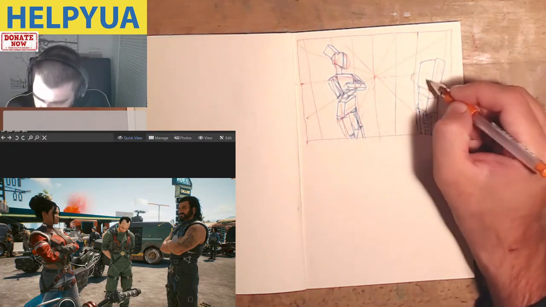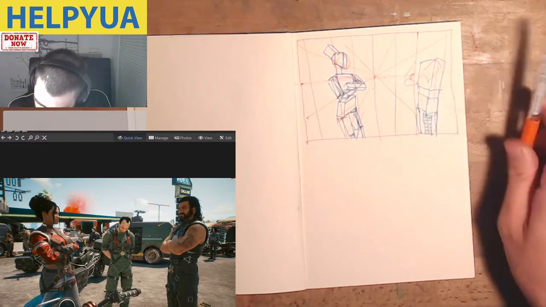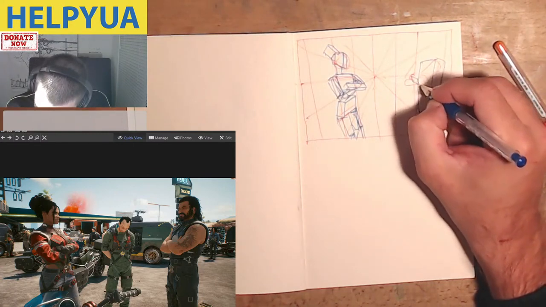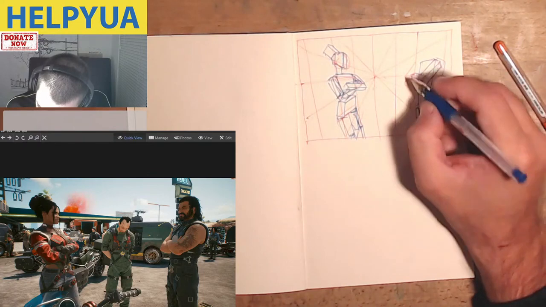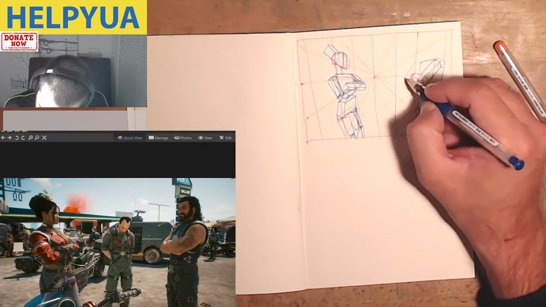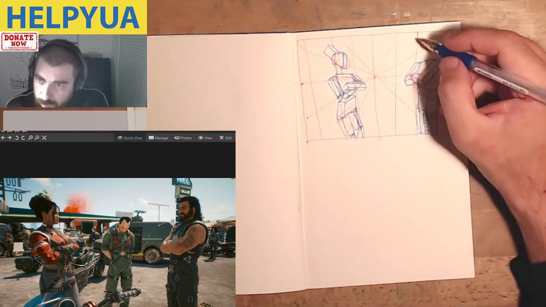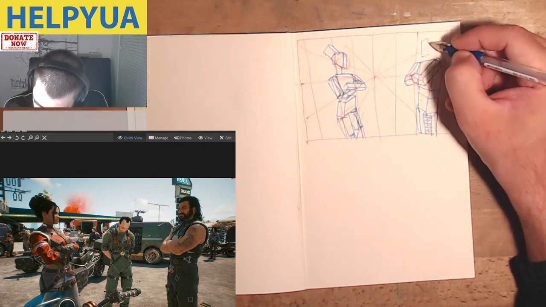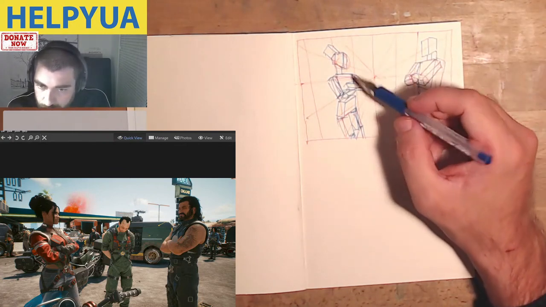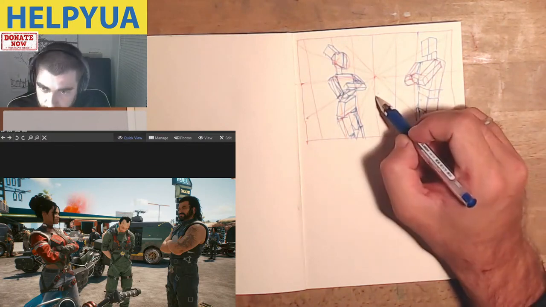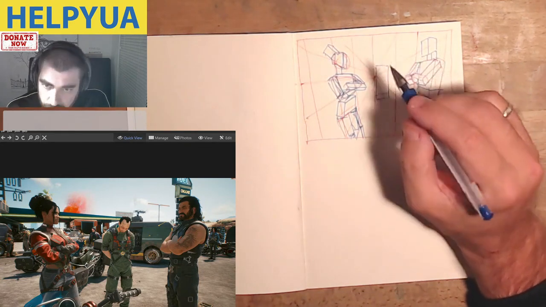Also, I say you can first make cylinders and then turn them into boxes. Here's this guy here.